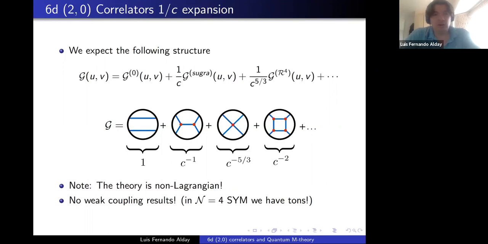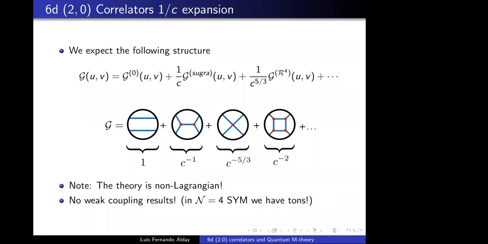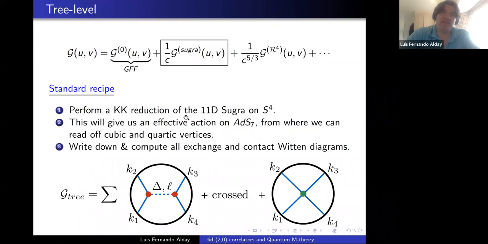So let's first look. As I mentioned, this is relatively trivial because it's just a disconnected contribution. The first non-trivial part is what we denote as the 1/c piece, and is given by tree-level Witten diagrams, or is given by the correlator in the supergravity approximation.